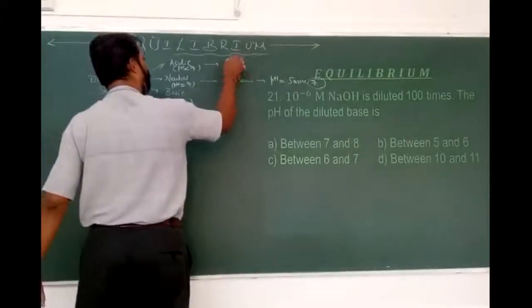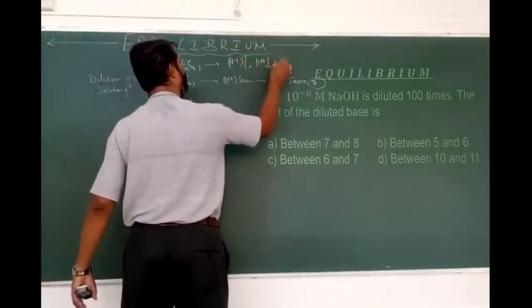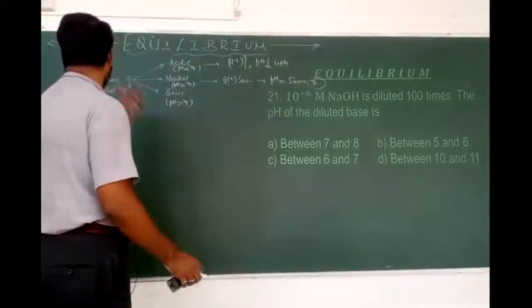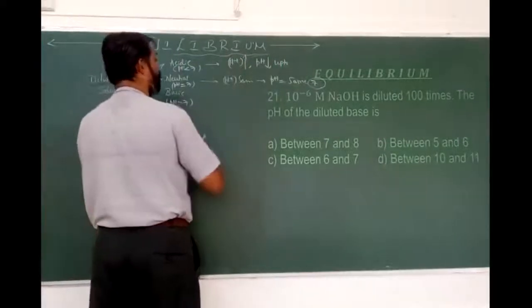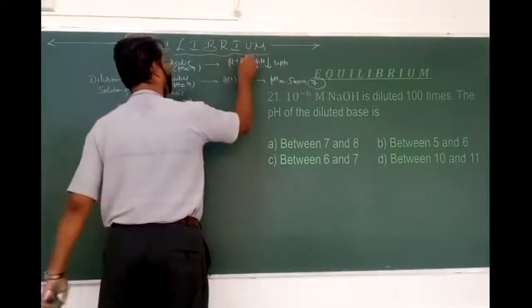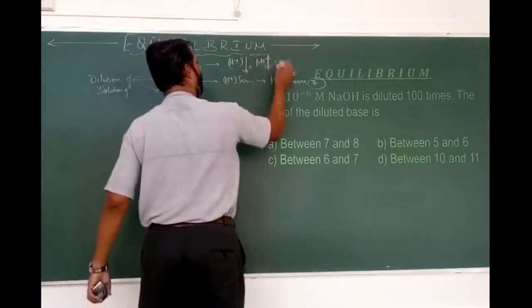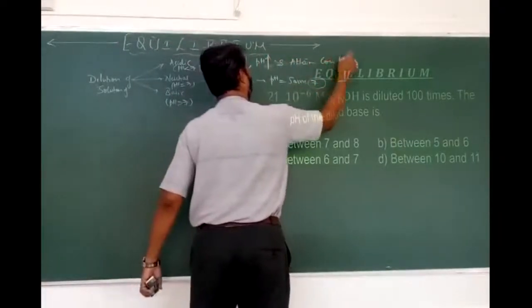dilution decreases the H plus concentration, so the pH gets increased and attains a constant pH of 7.